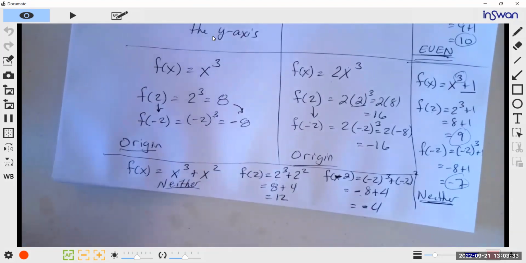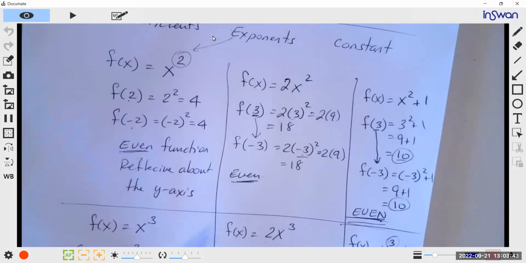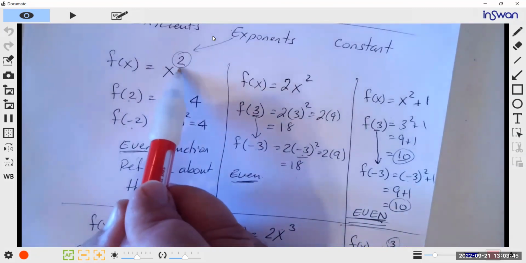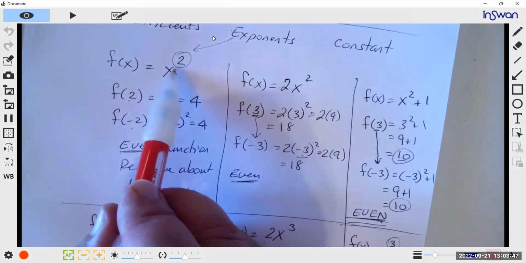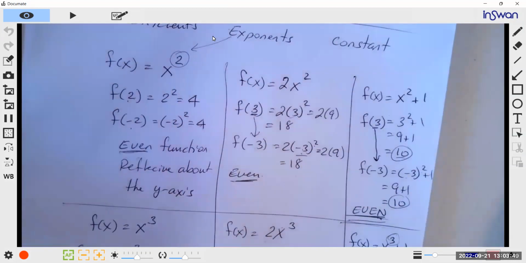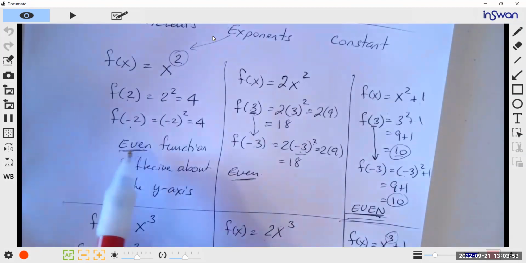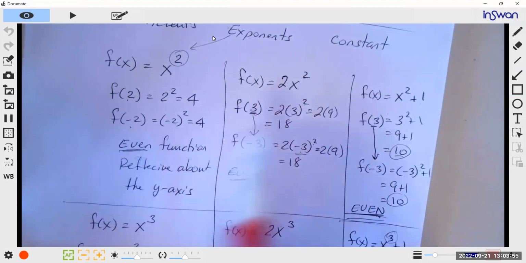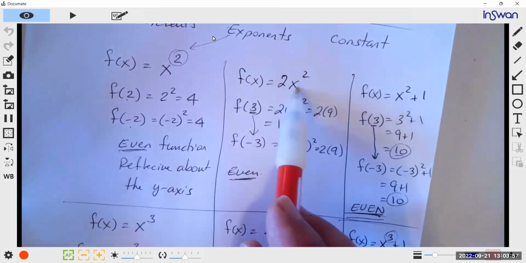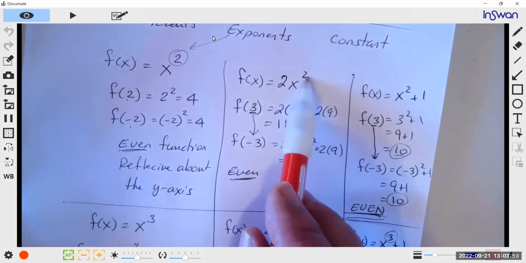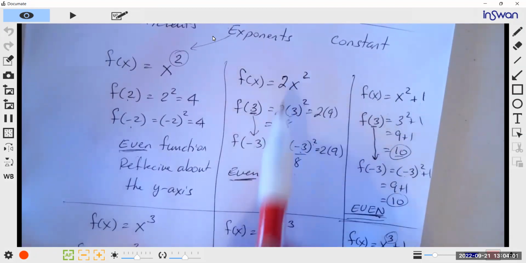So to determine if a function is odd, even, or neither, that's what we have over here. So if the only exponent you have in your equation, now you can have many exponents, but if they're all even integers, it is an even function. If you have an even function, a squared exponent, and a coefficient, it doesn't change it.